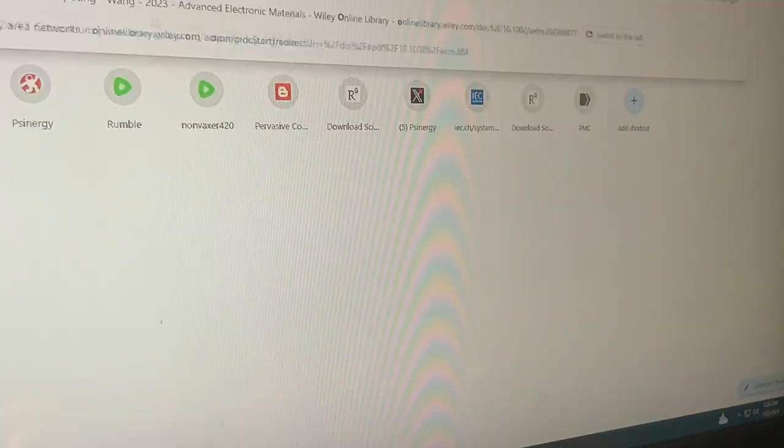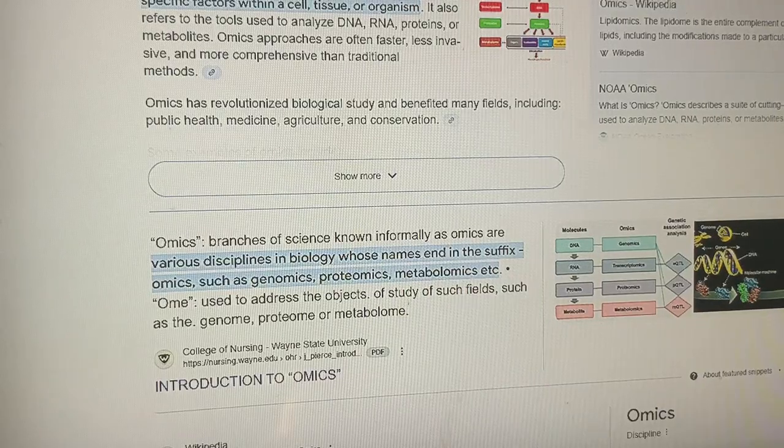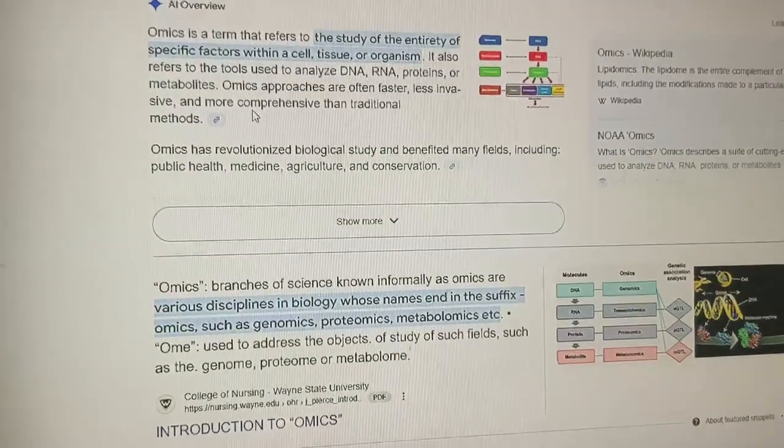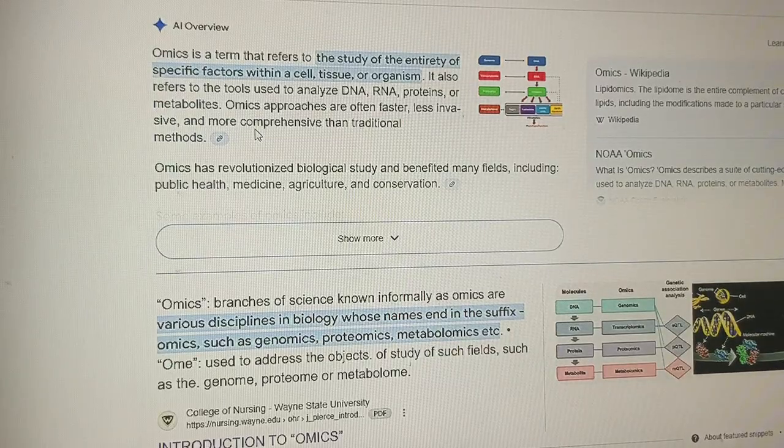In case you forgot, because we've gone over this a few times, omics is all of your biology, DNA, RNA, proteins, metabolites, the study of the entirety of the specific factors within a cell, tissue, or organism, omics. It also refers to the tools used to analyze DNA, RNA, proteins, or metabolites.